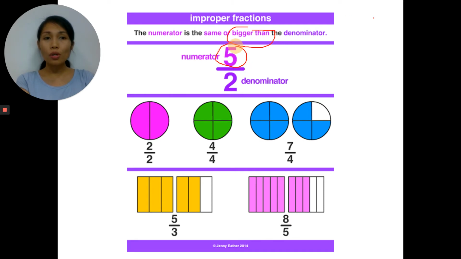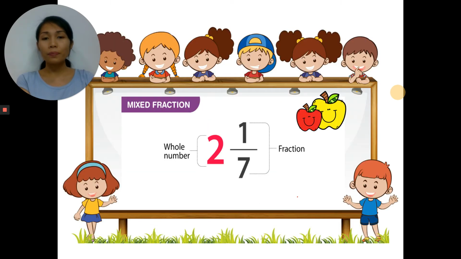So if your answer is like this, that cannot be accepted. Though it's correct, you're not gonna get a full mark. That means if your answer is an improper fraction, you still have to do something to get the final answer. All right? So to get your final answer, you need to convert it into a mixed fraction.